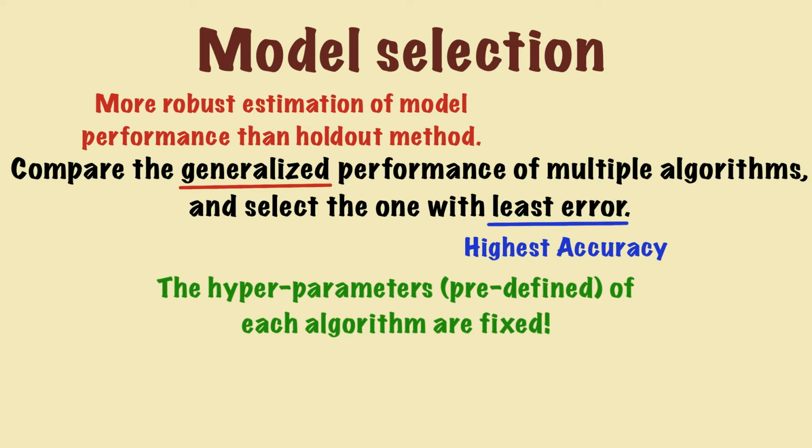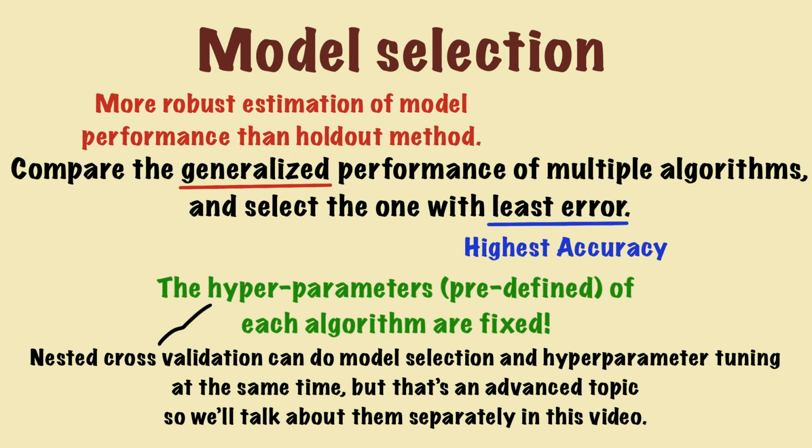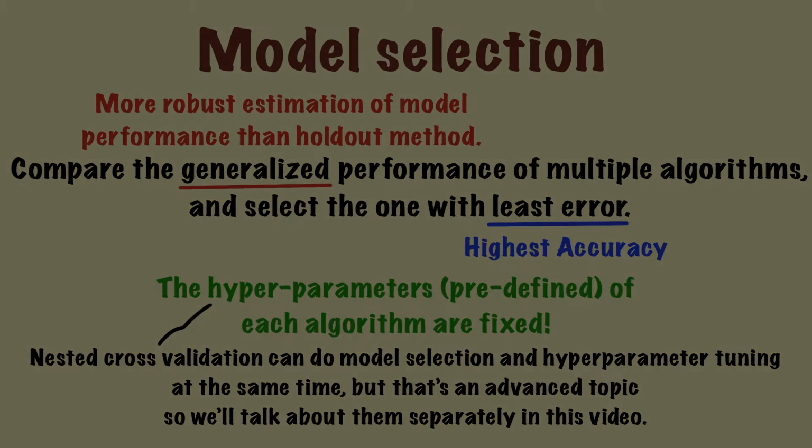One thing to note is that the hyperparameters here are fixed. When we compare different algorithms, we have to assign a set of hyperparameters to them, and they are fixed during comparison. Actually, there is a method called nested cross-validation. It can do model selection and hyperparameter tuning at the same time, but that's a little bit complex, so we'll discuss them separately in this video.